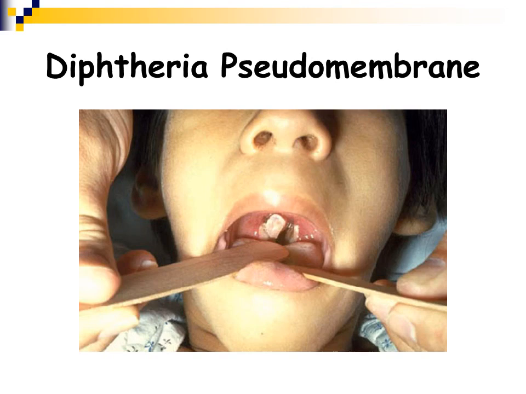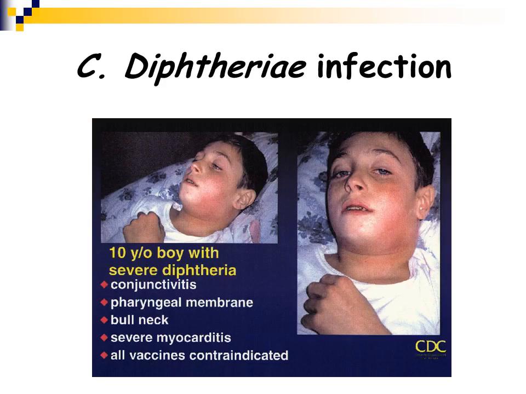Here's a picture of that pseudomembrane that develops in the back of the throat of a diphtheria patient. This is a 10-year-old boy that had severe diphtheria. He had conjunctivitis or an eye infection. He had the pseudomembrane in the back of his throat in the pharynx region. You can see in the picture he has an enlarged neck, or what's called the bull neck.